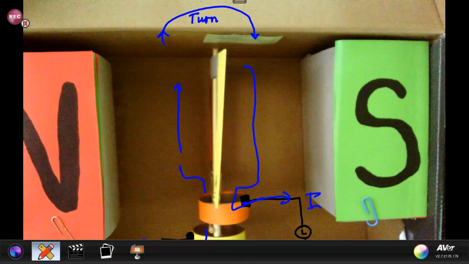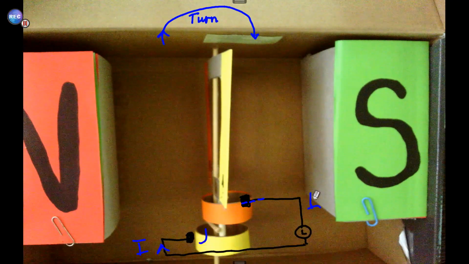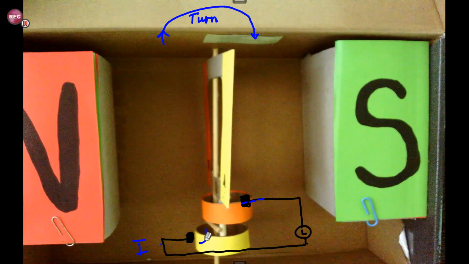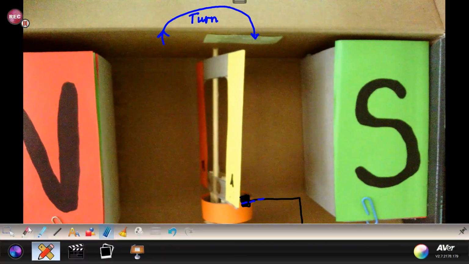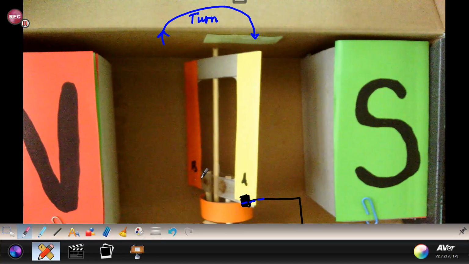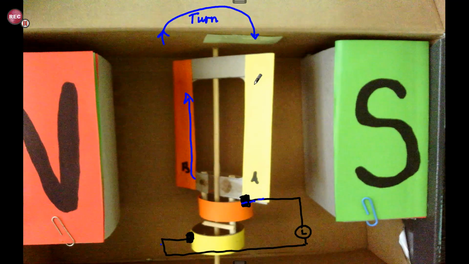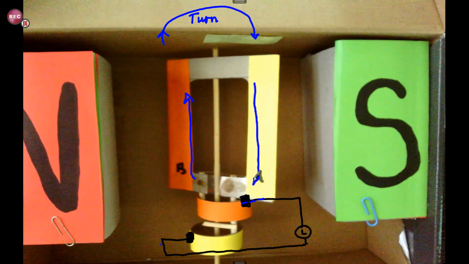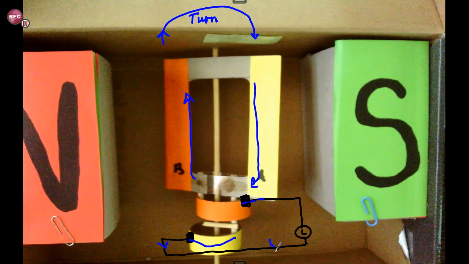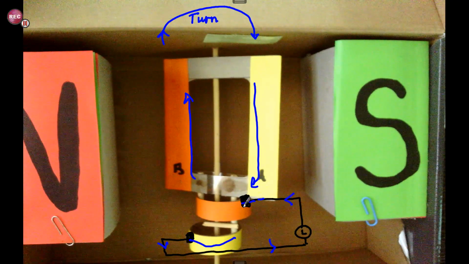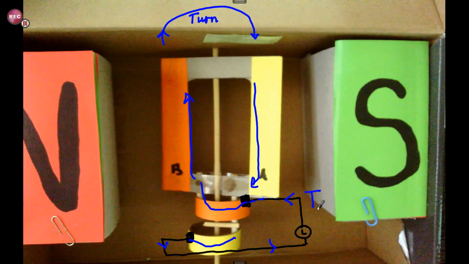Are you with me? Yes, ma'am. So in the vertical position, there will always be no current. But now A and B parts have changed position. They've flipped over. So what is the direction of the current in B now? It is in that direction, and in A it is in that direction. So it comes out A and into B. So what happened to the direction of the current in your external circuit?